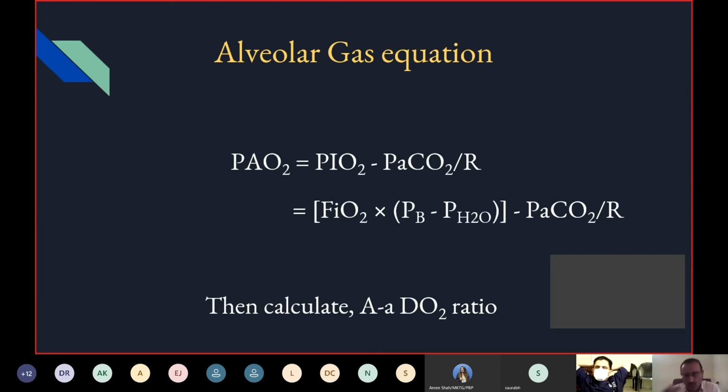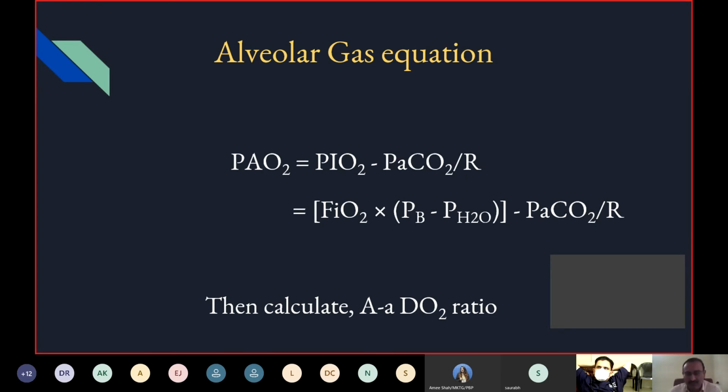Suppose the patient is breathing room air. Look at the second part of the equation. The FiO2 is the percentage concentration of oxygen in the gas that is being delivered. Atmospheric pressure is Pb, and the saturated water vapor pressure is PH2O. So atmospheric pressure is 760 or something like that, and the other one is around 47.